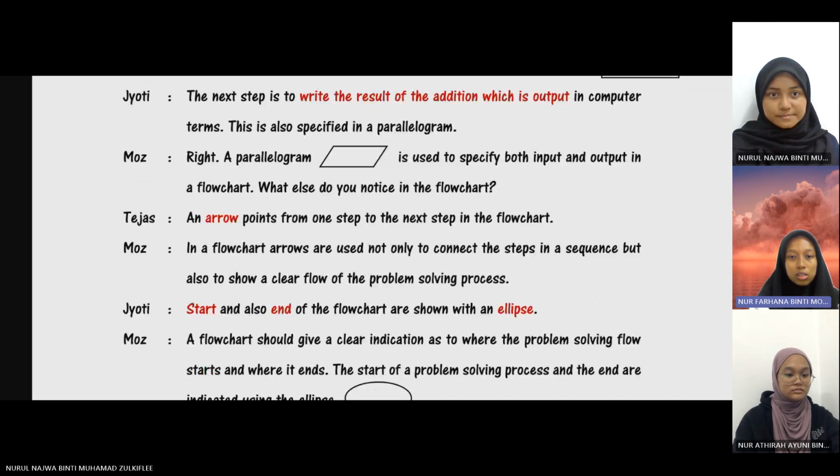What else do you notice in the flowchart? An arrow points from one step to the next step in the flowchart. In a flowchart, arrows are used not only to connect the steps in a sequence, but also to show a clear flow of the problem-solving process. Start and end of the flowchart are shown with an ellipse.